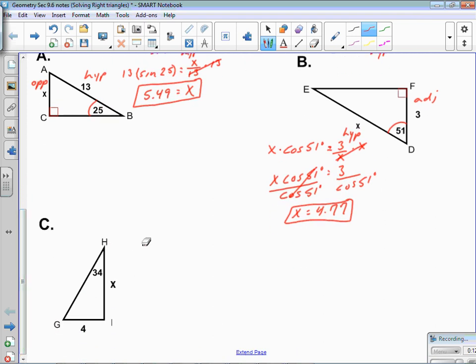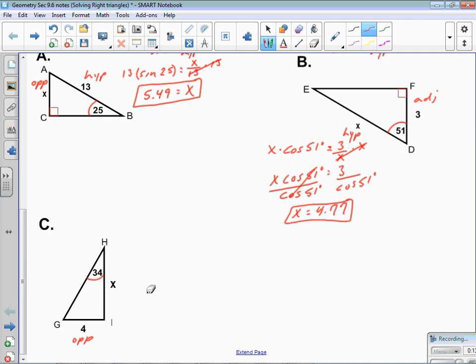All right, so then C, we got a 34-degree angle. We got side GI, which would be what in relation to the 34-degree angle? It's straight across from it, so it's the opposite side. Trying to find x, which is on HI, and HI is what side?